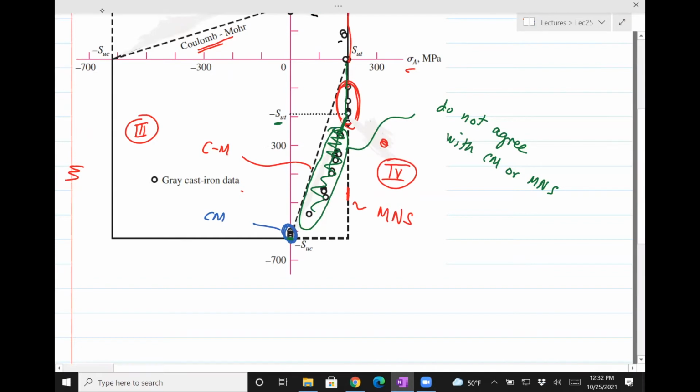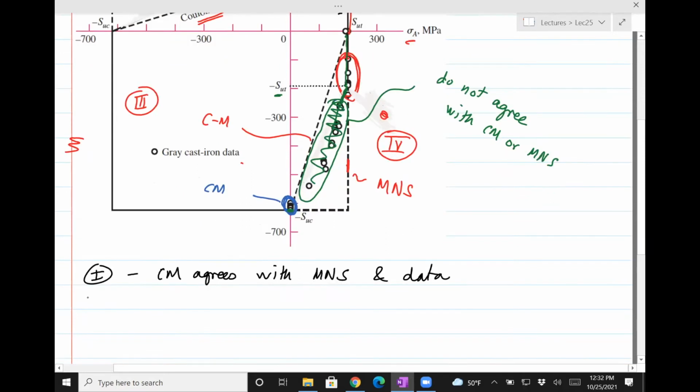So I'll quickly make some notes here. 1, CM agrees with MNS and data. 2 and 3, there's no data.